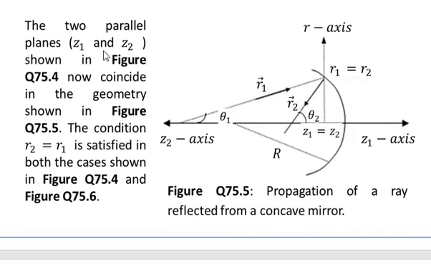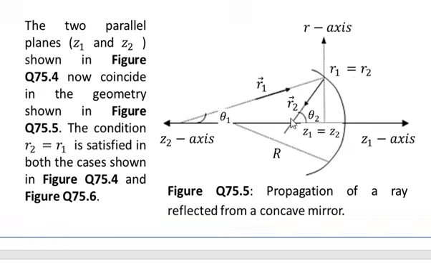The two parallel planes Z1 and Z2 are shown in the figure. You see that here we have to rotate R1 in the clockwise direction, and for R2 to coincide with the Z2 axis, we have to rotate it, although in the clockwise direction, but you see that this is the Z2 axis, which is opposite to the Z1 axis.